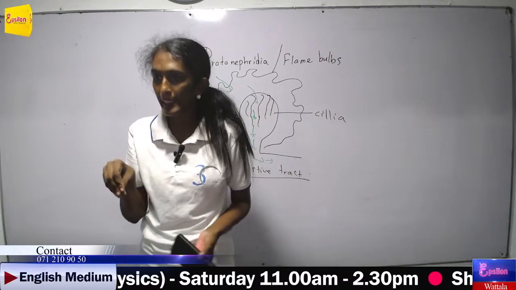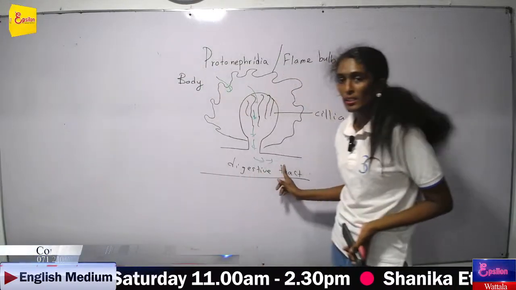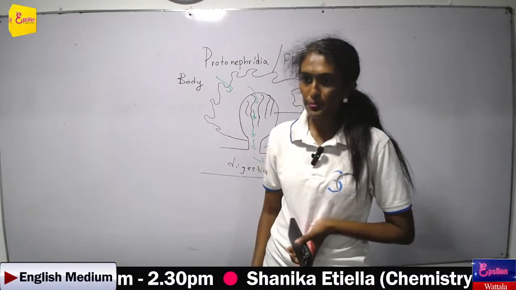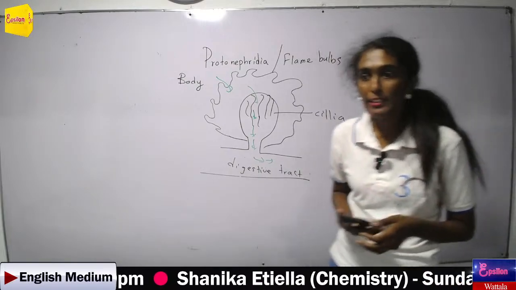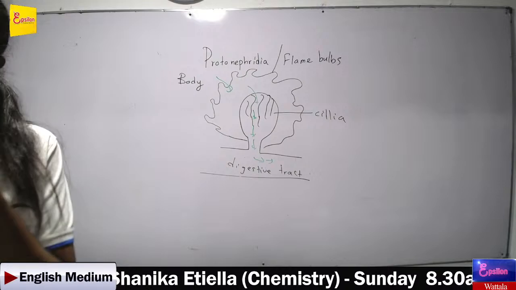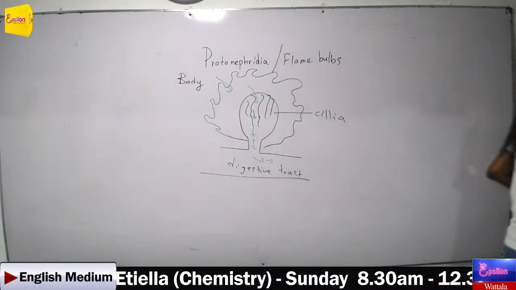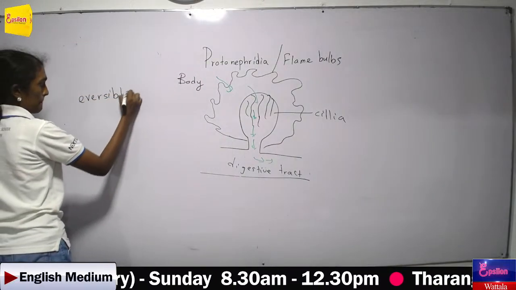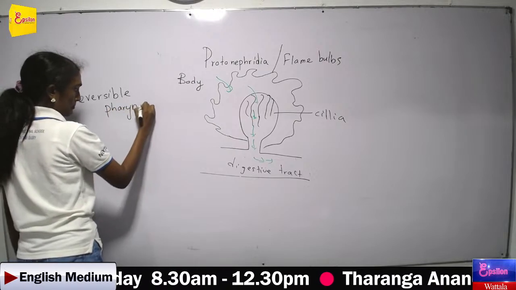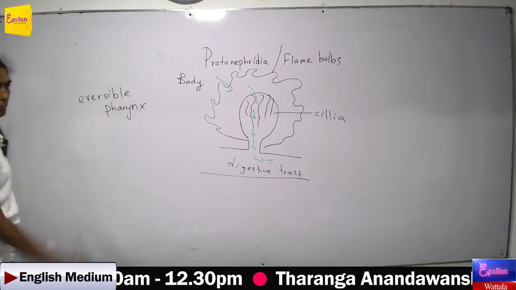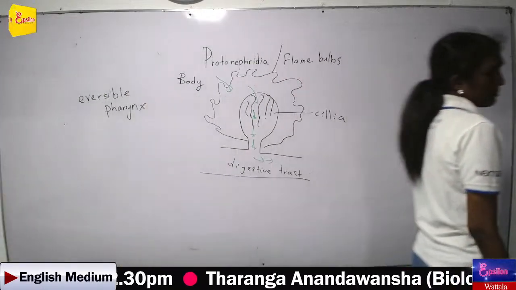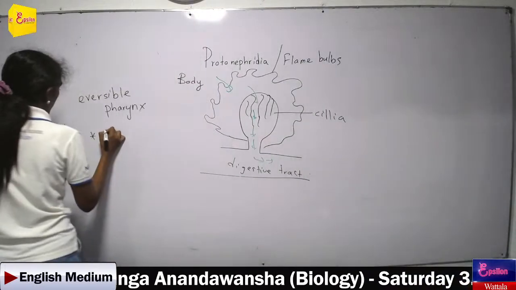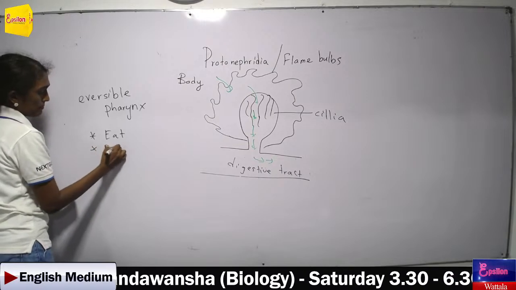Using that only they are eating. And also, you can see now, using the same opening to expel the excretory items also. Understood now? Okay. Have I labeled reversible pharynx? If I haven't, please label reversible pharynx. You can write at the same place. They eat and excrete.